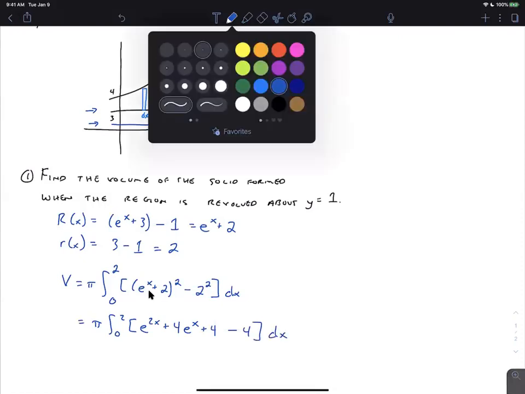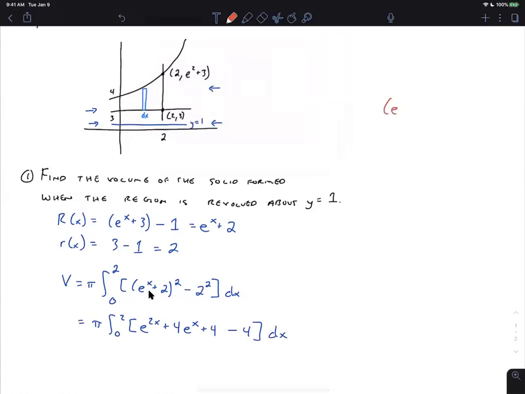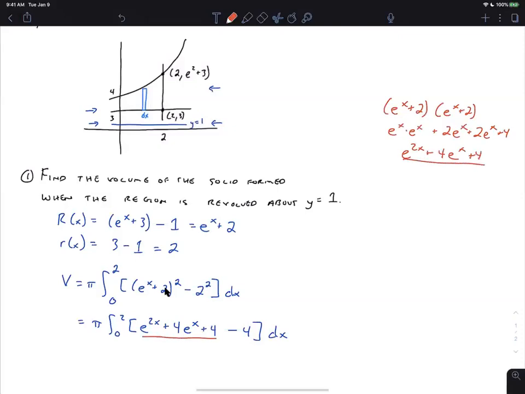And the algebra for that is that I'm doing e to the x plus 2 times e to the x plus 2, and I'm distributing that. So those 3 terms are from up here. And does everybody follow that algebra? You good?